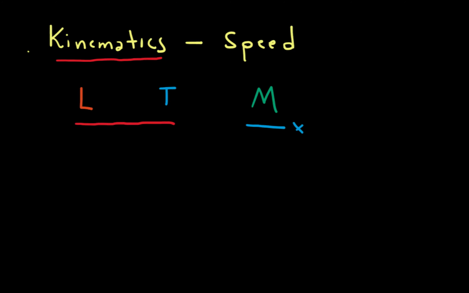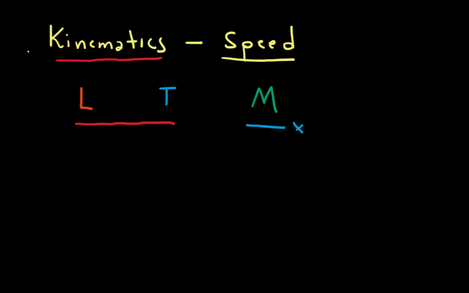And the first thing that we can build to describe a motion is called speed. And I think that speed is one of the more familiar terms in kinematics because it's something that everyone is familiar with.